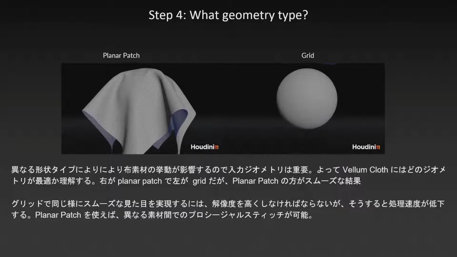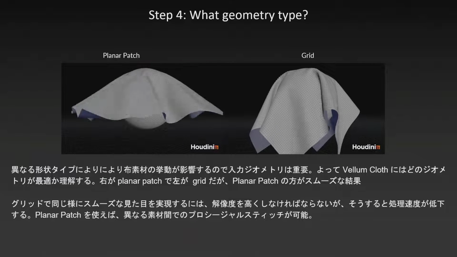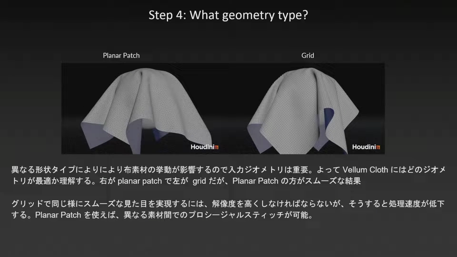This is because of the construction of a planar patch. It's made up of a randomized collection of uniformly sized triangles, and so its structure achieves smoother and more organic looking results when it's creased.